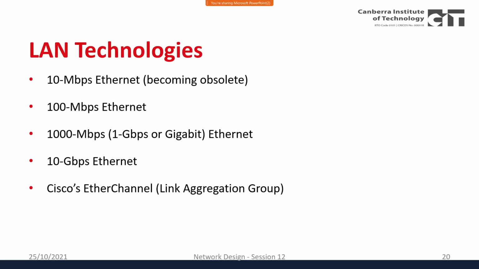We also have 10 gigabit per second Ethernet, even though it's not very used because the NICs are still too expensive. They are becoming more and more popular as cost goes down. And one technology that we can rely on for higher bandwidth in terms of LAN technologies is EtherChannel link aggregation.